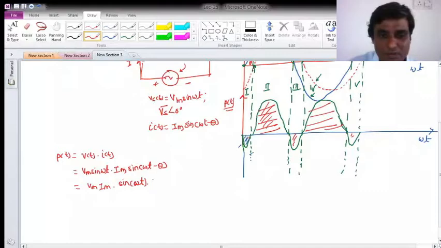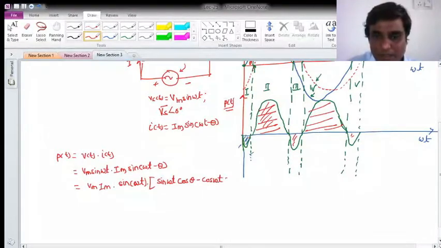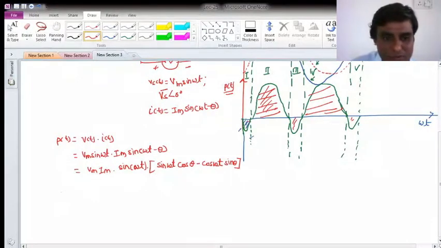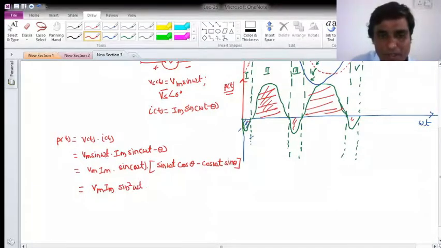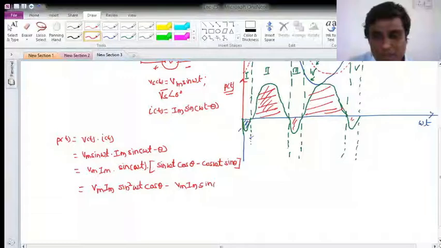So this will be basically sin omega t cos theta minus cos omega t sin theta. Let me solve this bracket. It will be Vm Im sin square omega t cos theta minus Vm Im sin theta into sin omega t cos omega t.